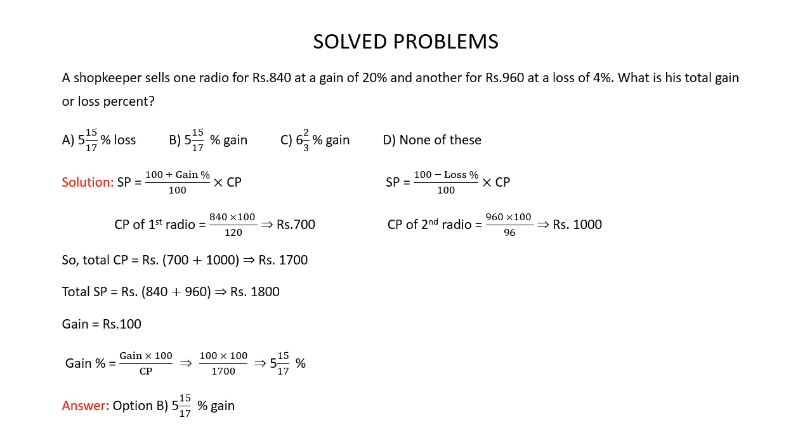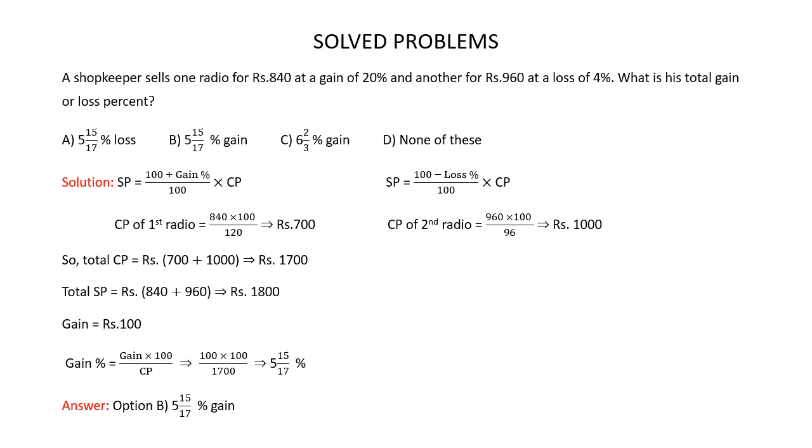Now it's given that if he sells another radio at rupees 960, he has a loss of 4%. Now we know that selling price is equal to 100 minus loss percent divided by 100 multiplied by cost price. So here the selling price is rupees 960, loss percent is 4.